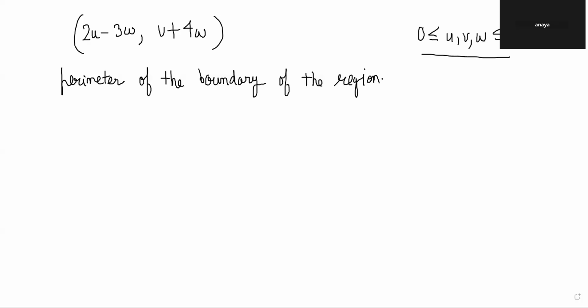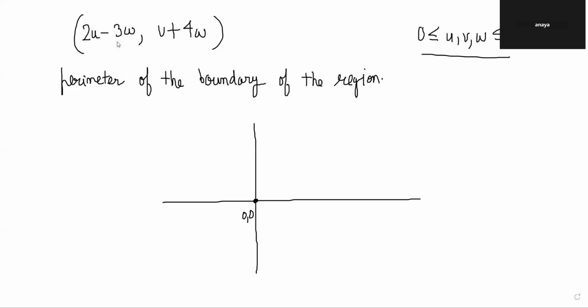The only way to do it that I can see is to find all these points. When all of them are 0, you get 0 comma 0, right? Yes, this point is there. How to get x negative? You can take u as 0 and w as 1.